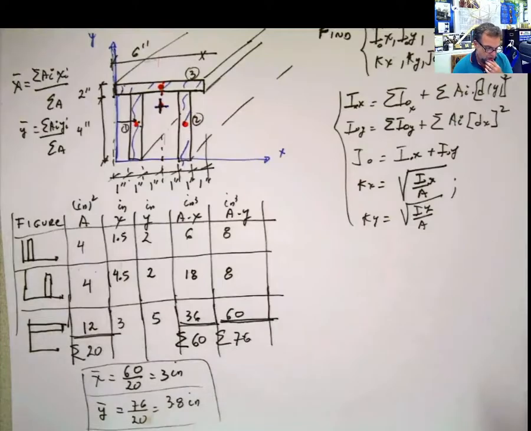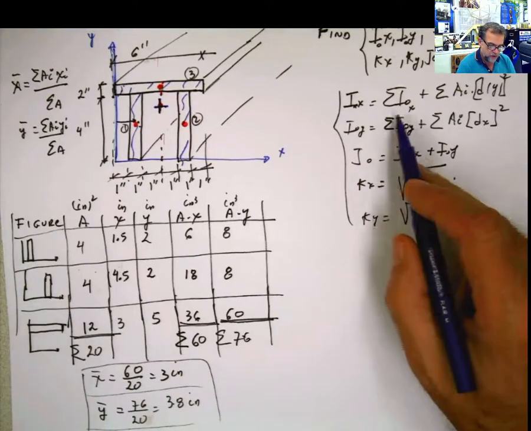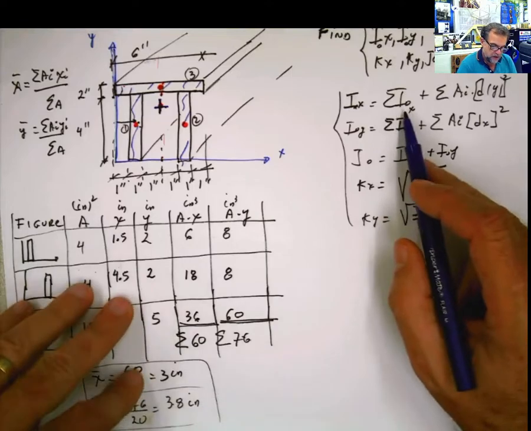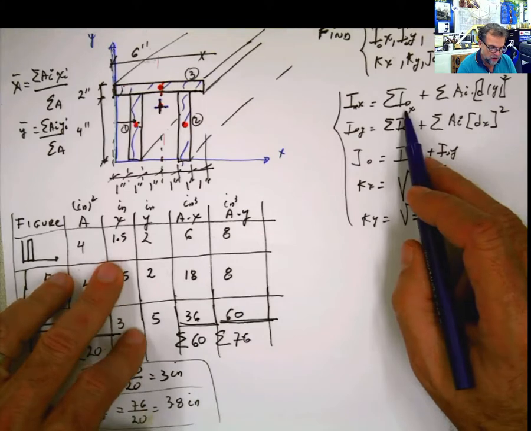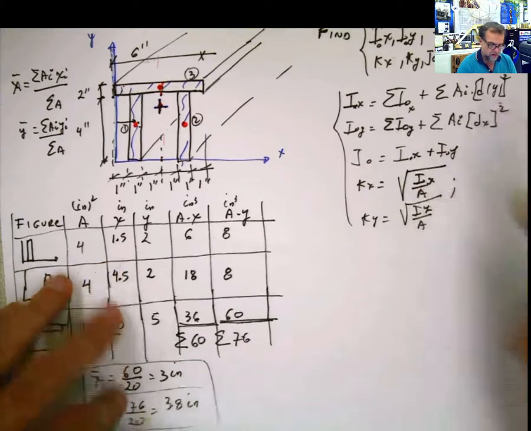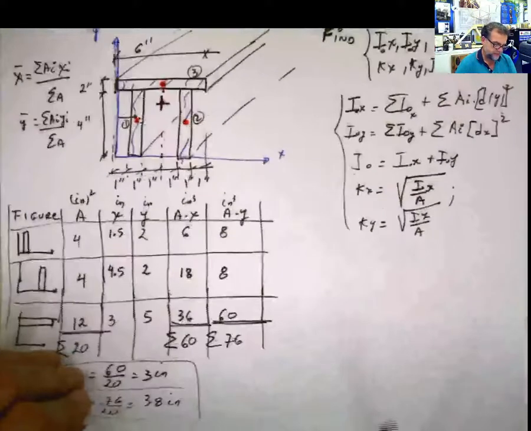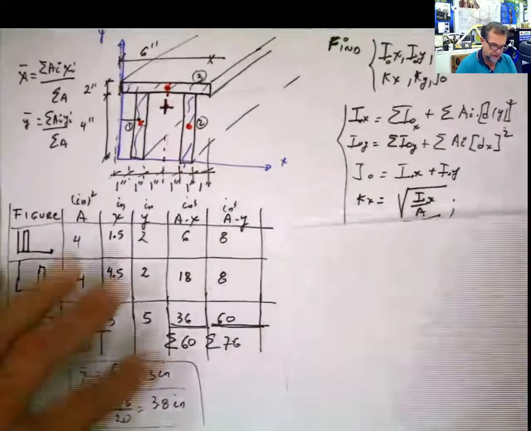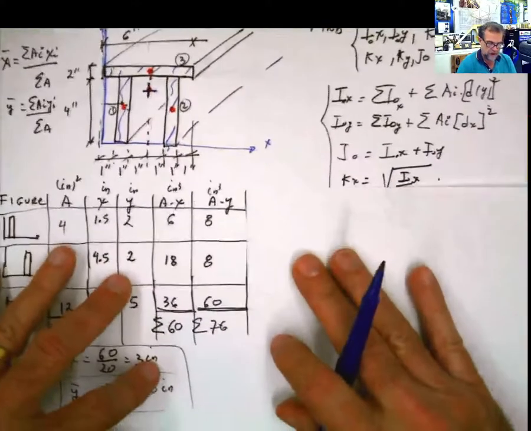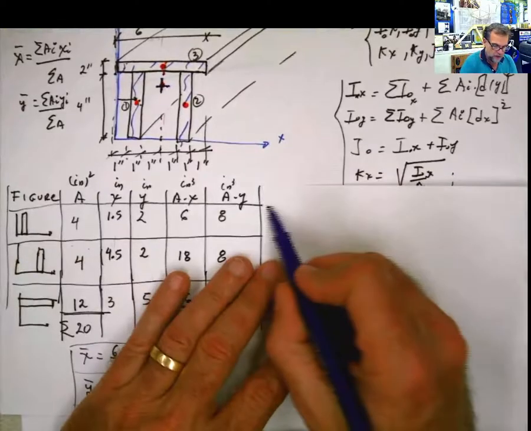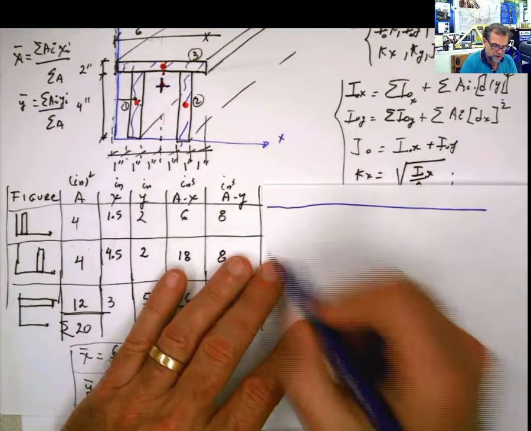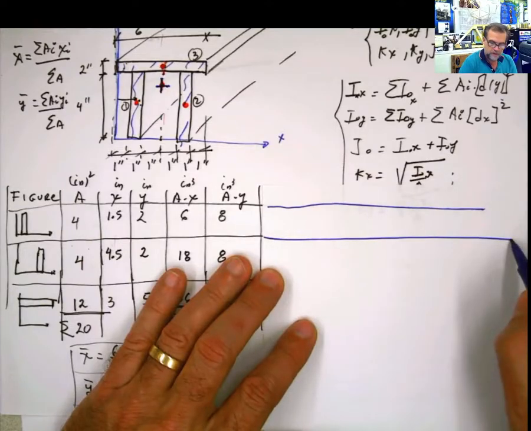Now, continue with this. What do we have to do now? Well, we have to continue with this formula. The area I have, but I need to add now this column and this column. So let's do that. I'm going to put this paper here just to continue the table, and I'm going to continue the table with a different color so you can see where we are stopping the problem.